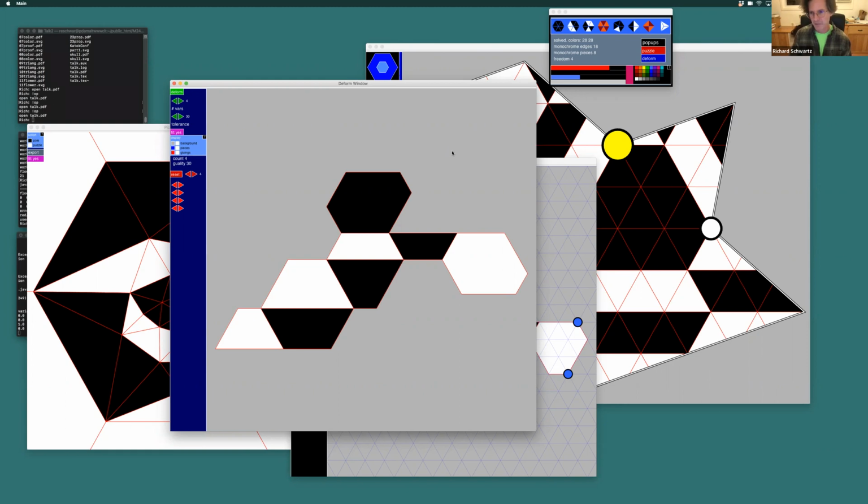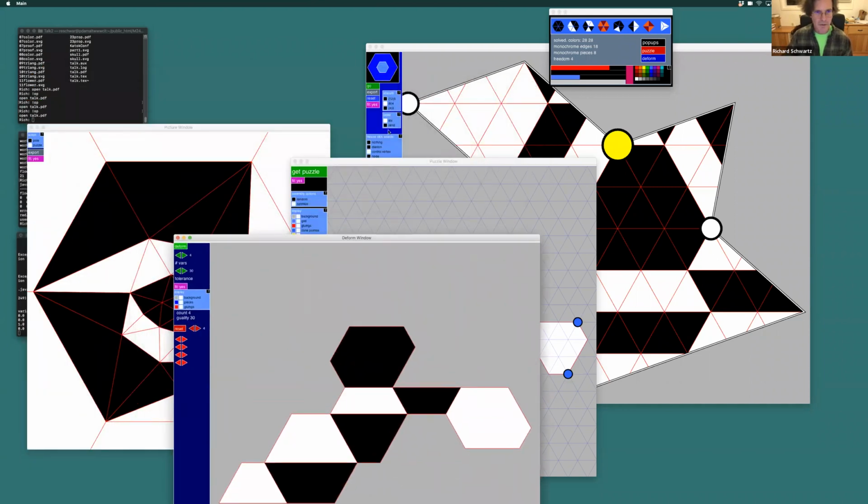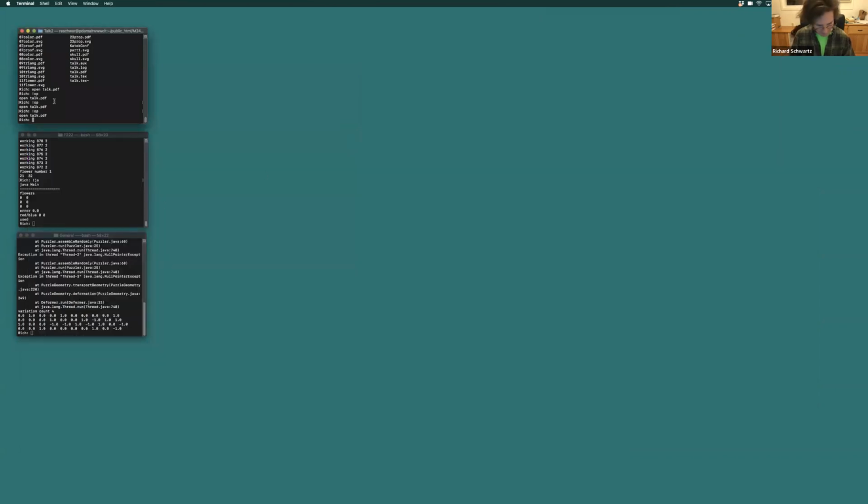So this is where I'm going to go with this: try to really understand a lot of the solutions on these triangulations by treating it as a kind of shape packing problem. So I think I have one more slide, but maybe I'm done.